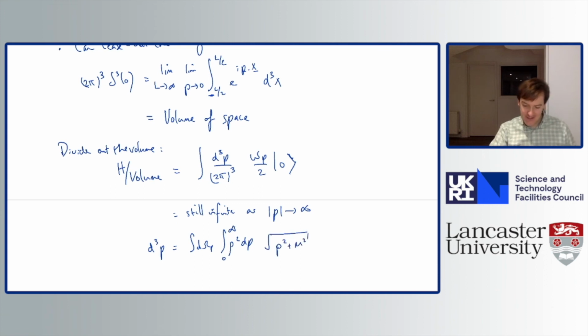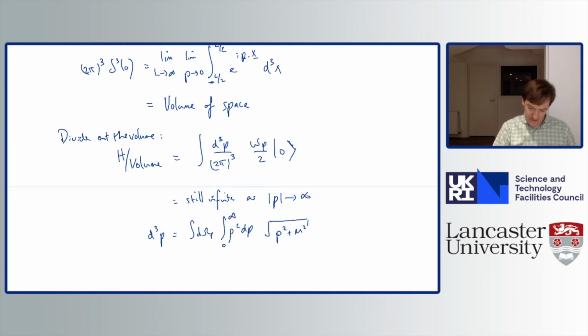So this is still going to be an integral which diverges, so it's still problematic. This is known as the UV infinity. This is diverging because we're considering very, very large values of p. So there is this problem that we have: this infinite term in the Hamiltonian.